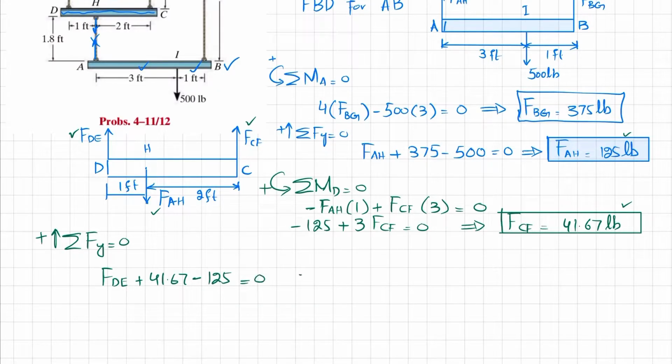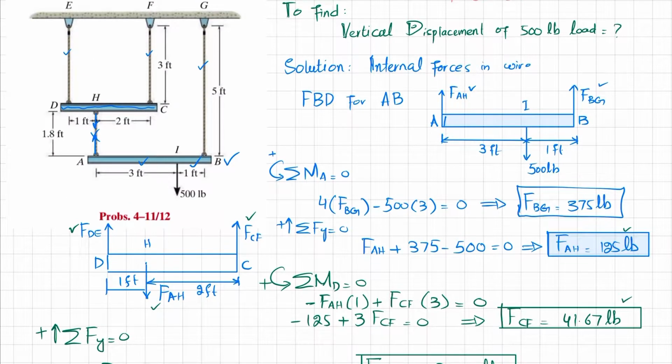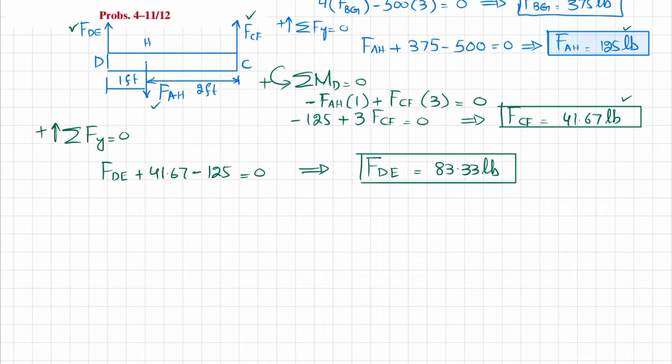Their sum must be equal to 0. So from here you will get FDE equal to 83.33 pounds. Now we have all the forces in this wire, this wire, this wire, and this wire. So we will calculate the displacement. For displacement, we know that the general formula is F into L divided by A into E.